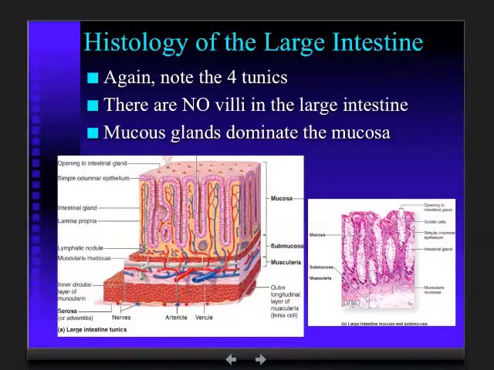These are the white blood cell populations that are protecting you from any kind of infection that might arise as a breach across the wall of the gut.